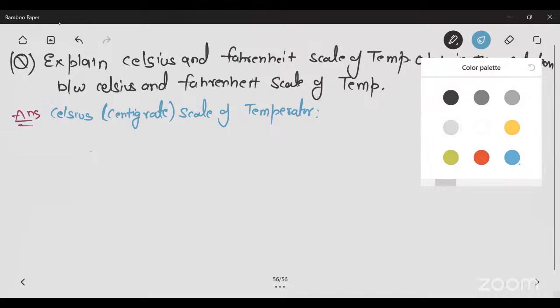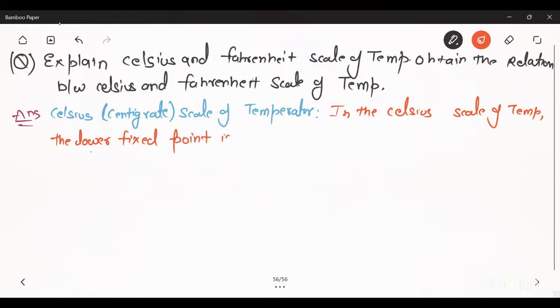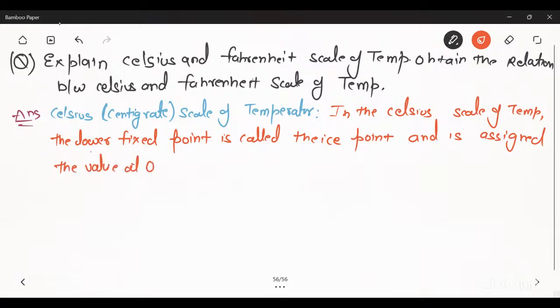In the Celsius scale of temperature, the lower fixed point is called the ice point and is assigned the value 0 degree Celsius.